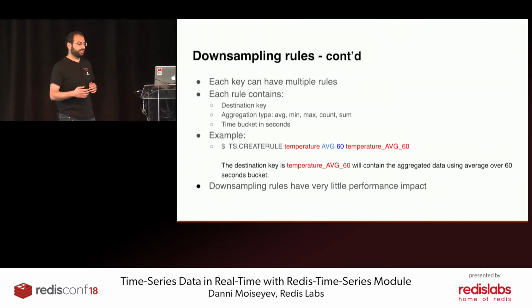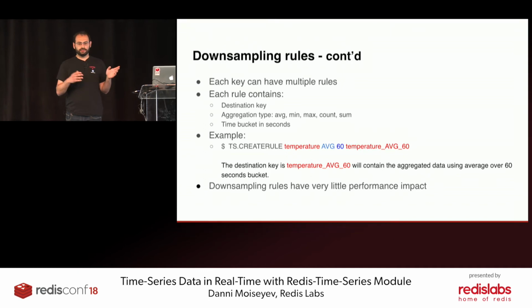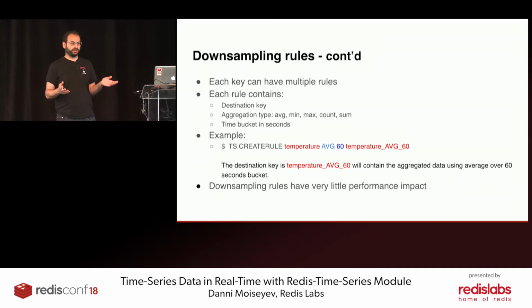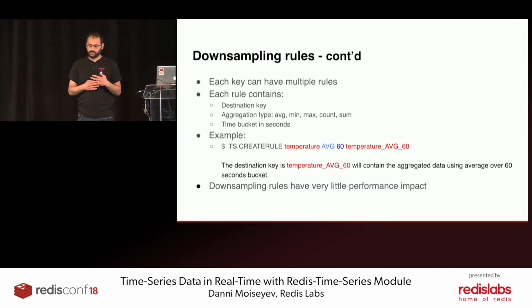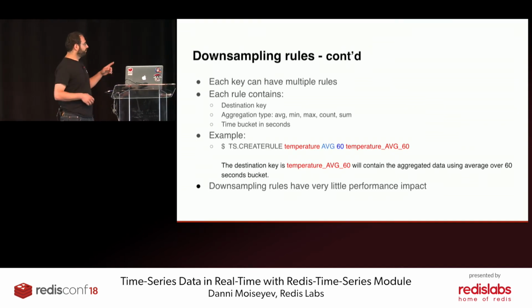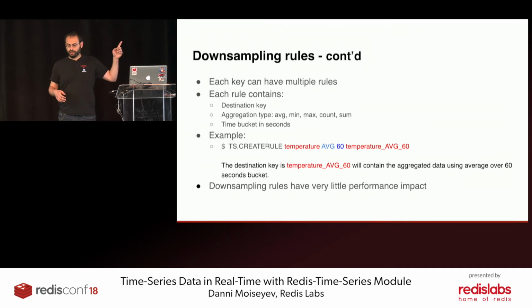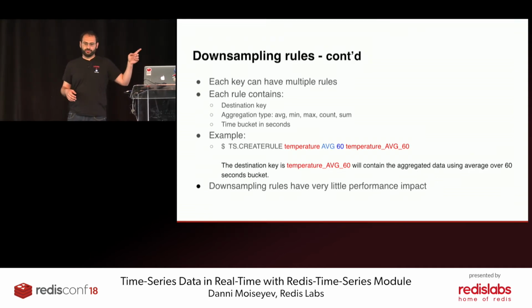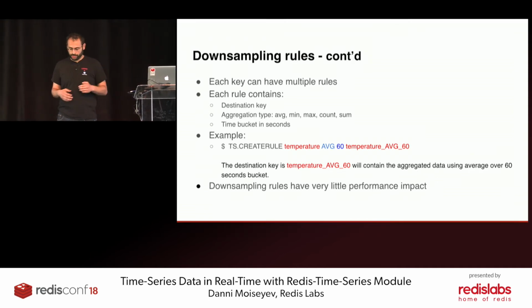If you want to aggregate by 10 seconds, 1 minute, 2 minutes, 1 hour, it's up to you. You can pick whatever aggregation and time bucket you want, and whatever destination key you want. In this example, we are doing an aggregation of temperature over 60 seconds with an average.